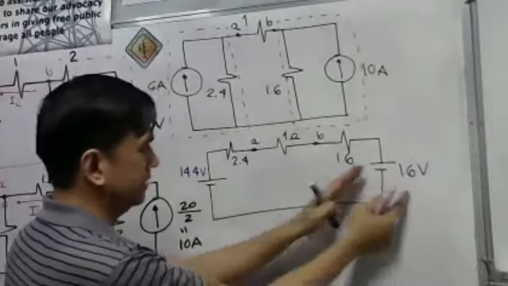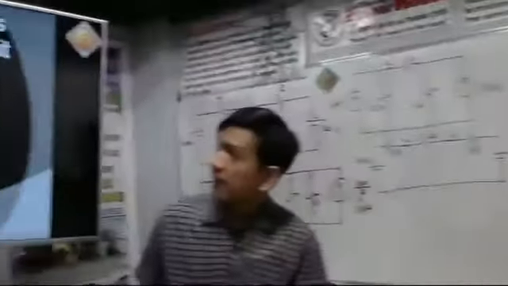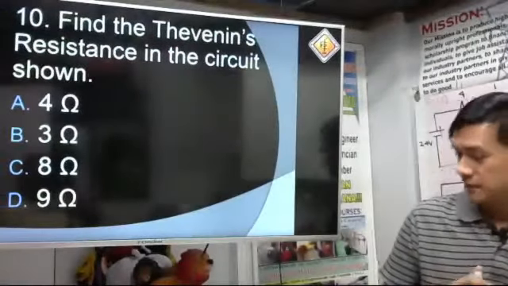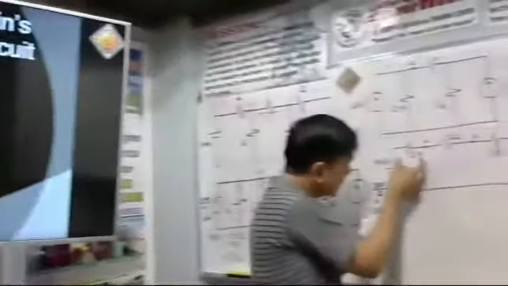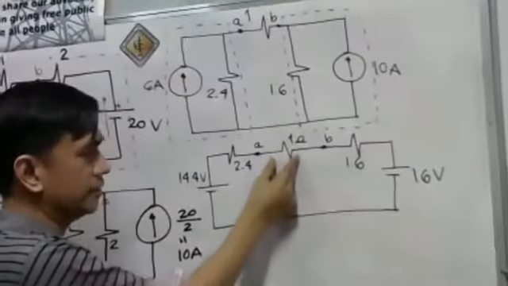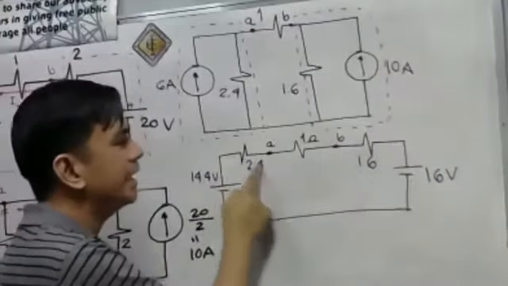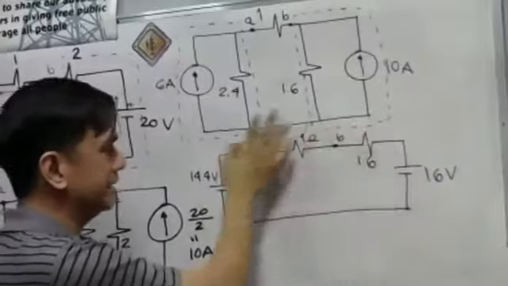For number 10, we are asked to find the Thevenin's equivalent resistance. The 2.4 ohms and the 1.6, together with the 1 ohm resistor, are all connected in series.